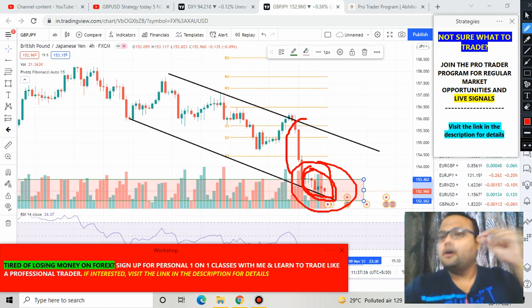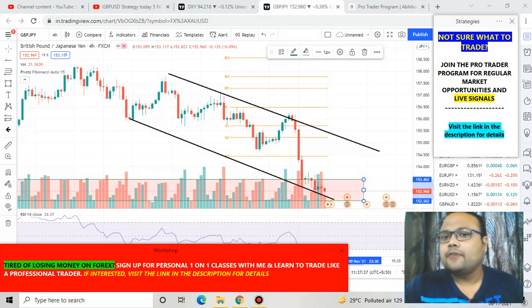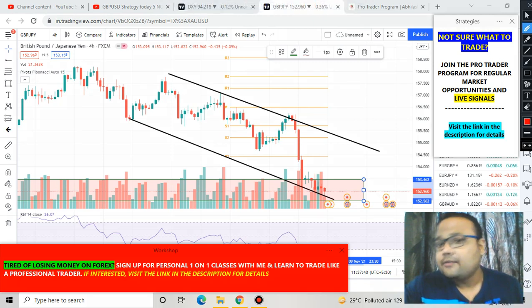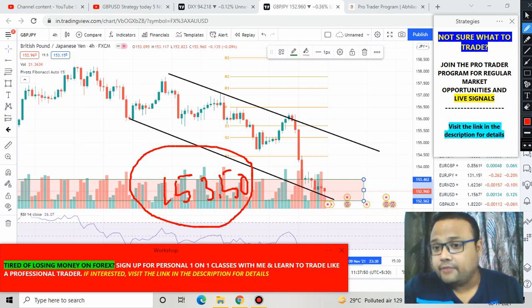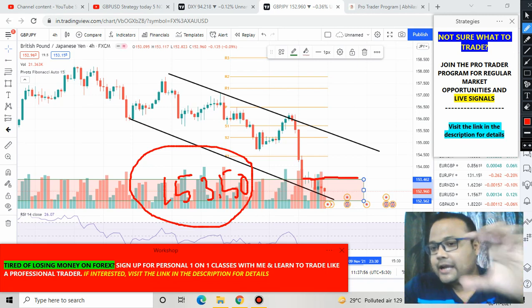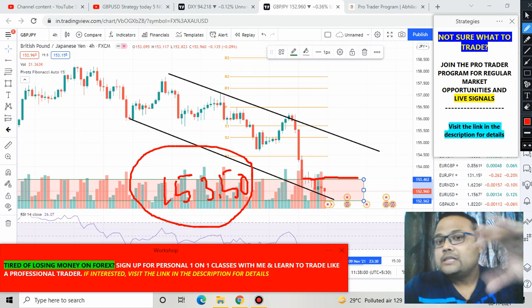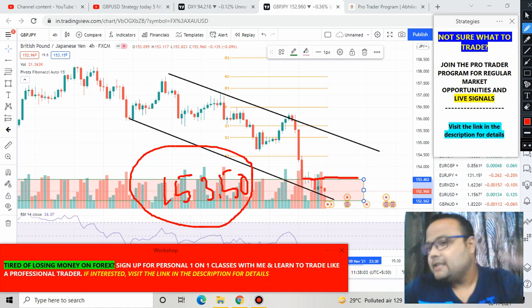So on Monday, if the market tries to recover and goes up from here, then there is a good possibility that we will get a good buying position above the 153.50 level. This level is trying to act as support to the market, and as the market is trading in a downward channel, obviously at one point the market will try to go up.